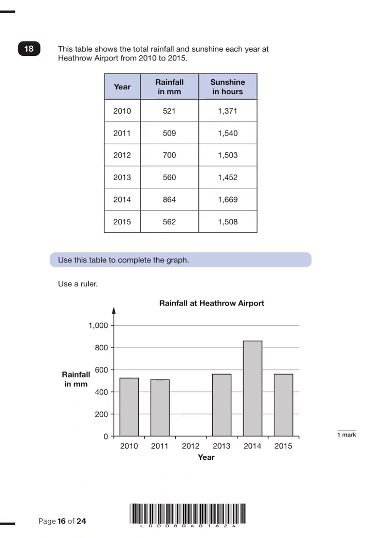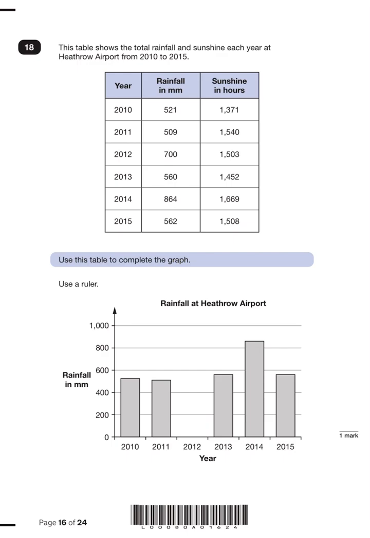Number 18. This table shows the total rainfall and sunshine each year at Heathrow Airport from 2010 to 2015. Use this table to complete the graph. And it says to use a ruler. In 2012, the total rainfall is 700.